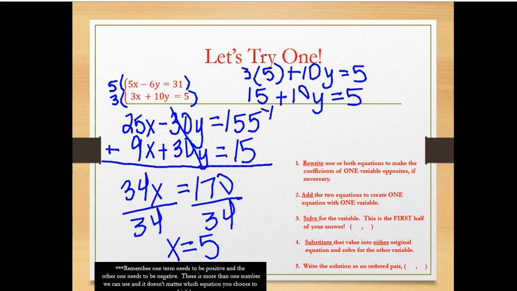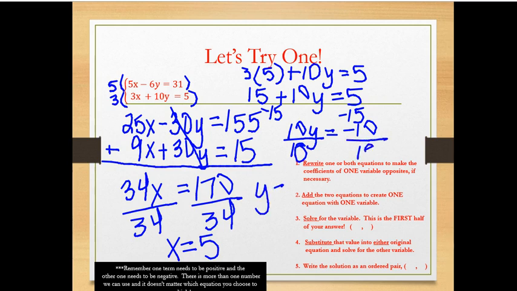I'll have to subtract 15 from both sides. And when I do, I get 10y equals negative 10. I'll divide by 10, and y will equal negative 1. So as an ordered pair, my solution will be 5, negative 1. And that is your solution.